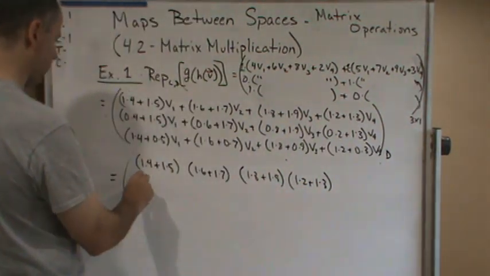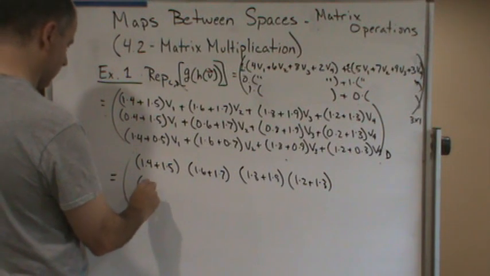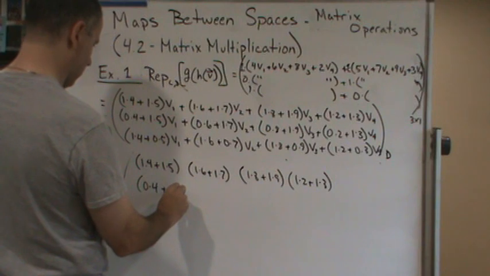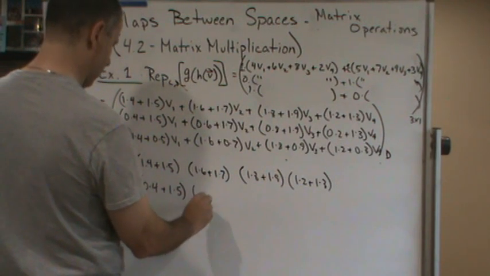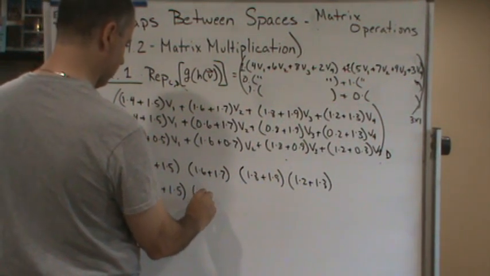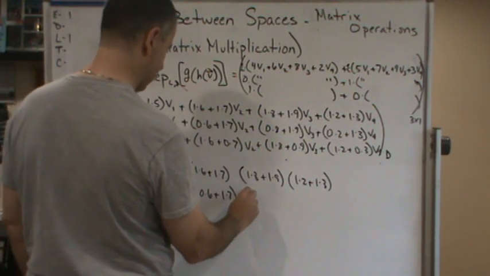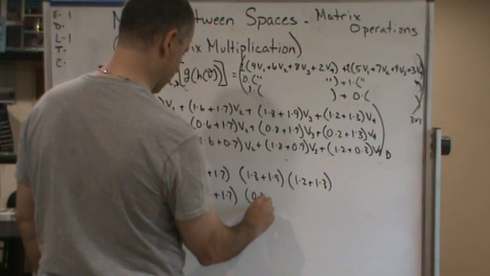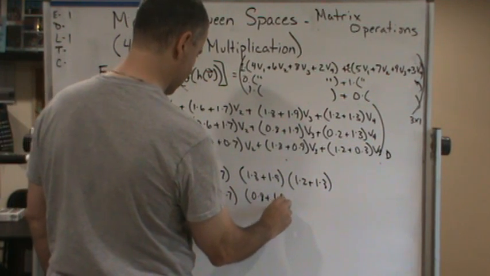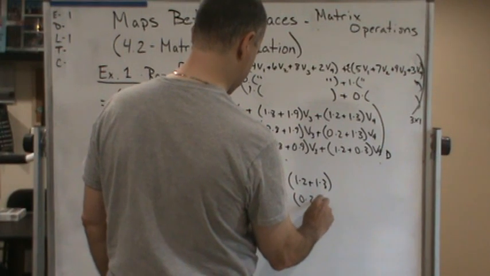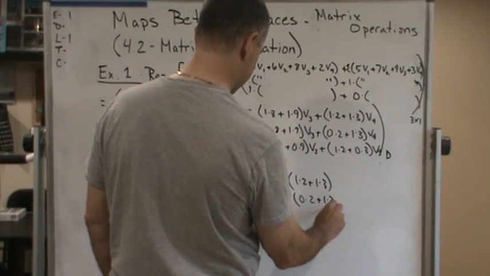And then the next row is going to be 0 times 4 plus 1 times 5. And then the next entry is going to be 0 times 6 plus 1 times 7. And 0 times 8 plus 1 times 9. And then this is going to be 0 times 2 plus 1 times 3.